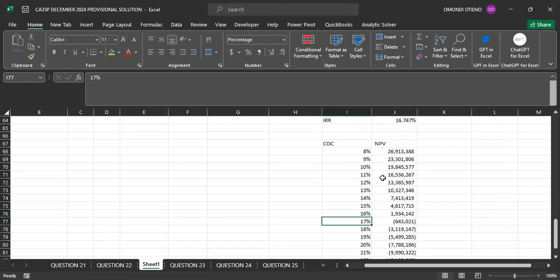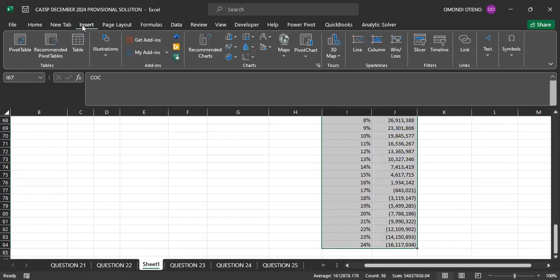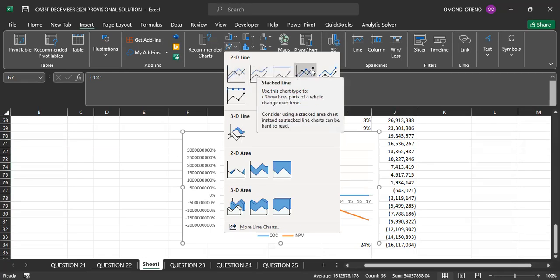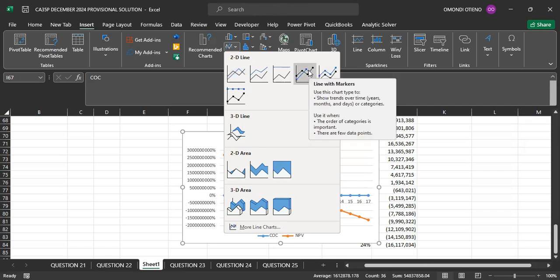Let's see. I'll go to this part here, just highlight this, go to insert, and we want to insert a line graph. We can decide to insert this one here, or even this, but look at this one here, this chart to show the trends over time.